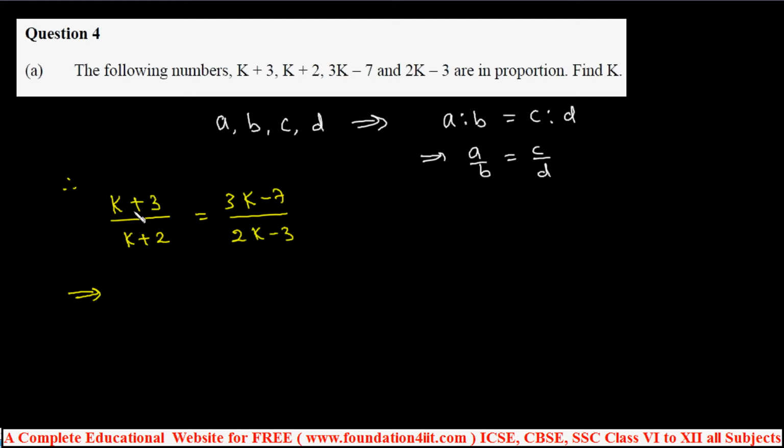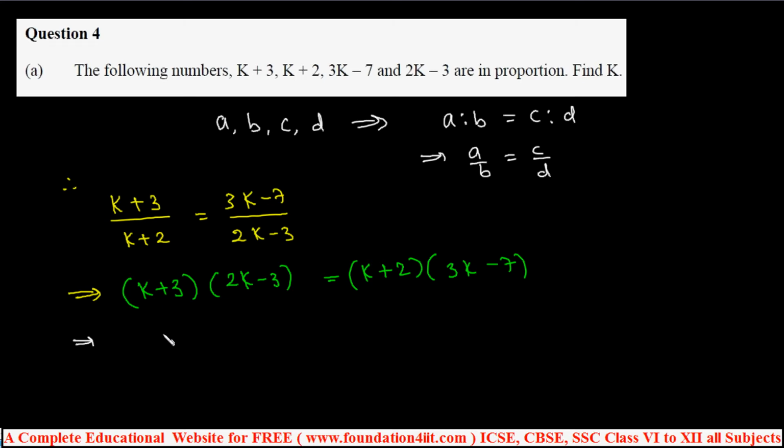First fraction numerator into second fraction denominator: k plus 3 into 2k minus 3 is equal to, again, k plus 2, the first fraction denominator, into the second fraction numerator, 3k minus 7. We can multiply this, simplify both sides, and we'll get the value of k.